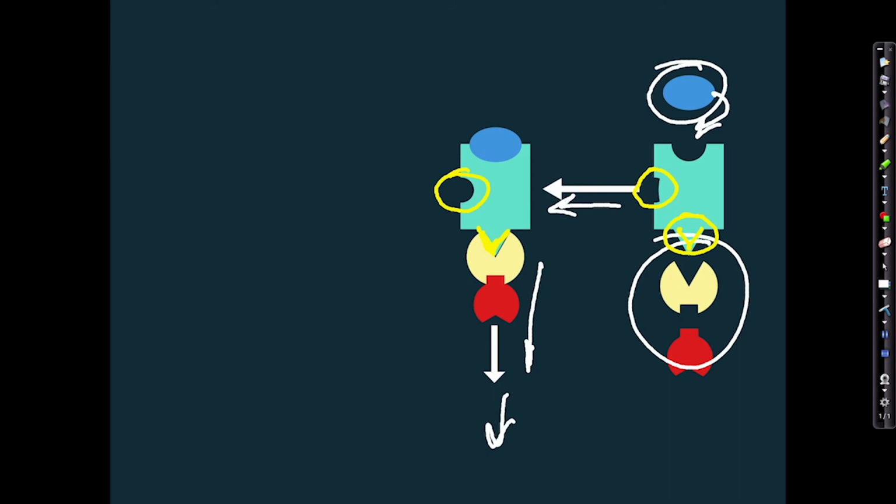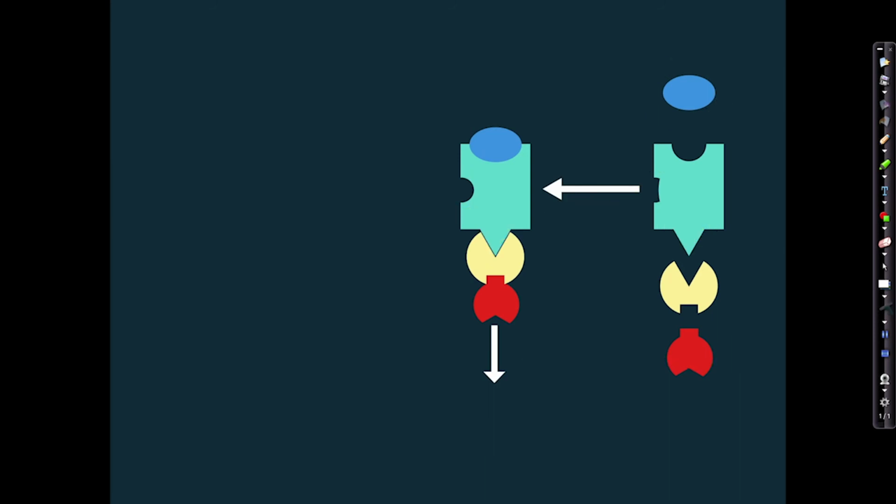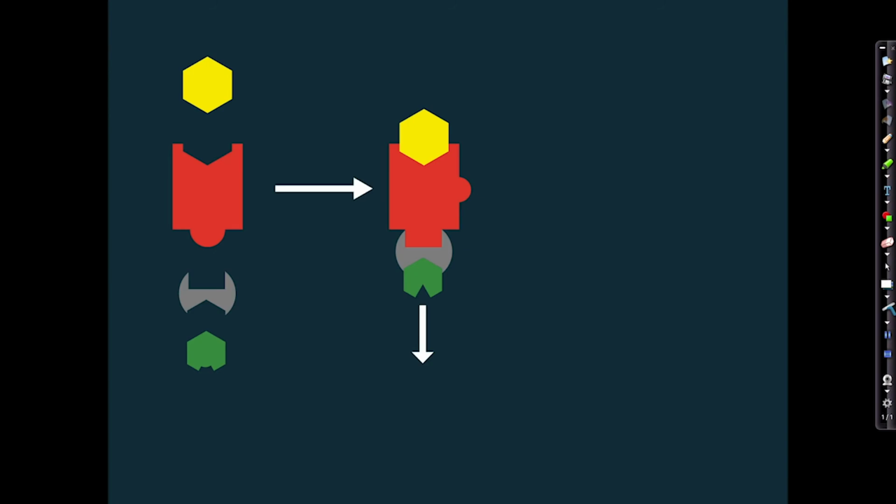So let's look at another entirely different receptor. So here we can see a completely different receptor. It binds to an agonist shown here.